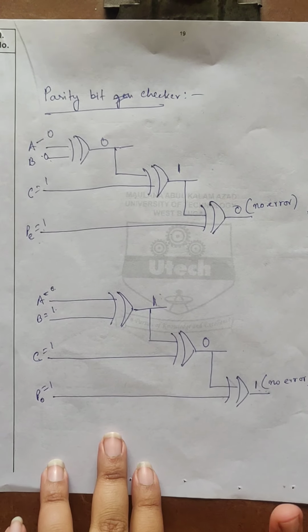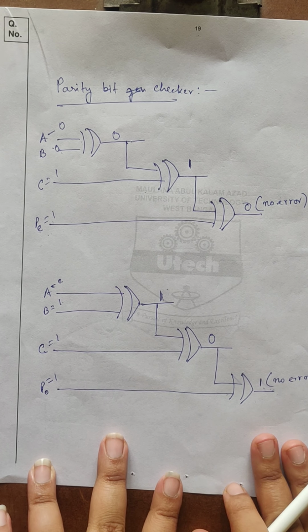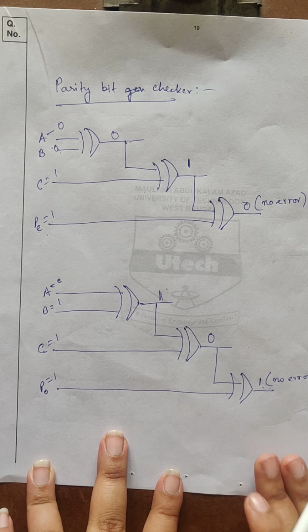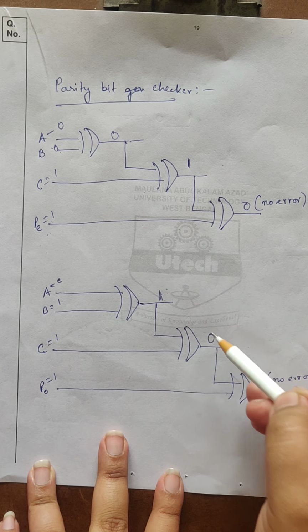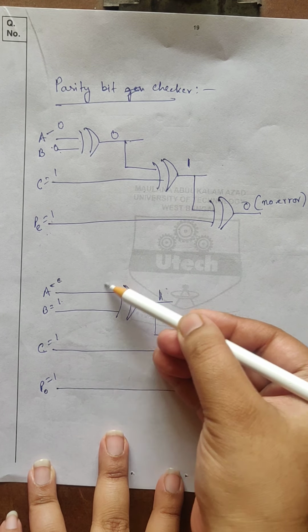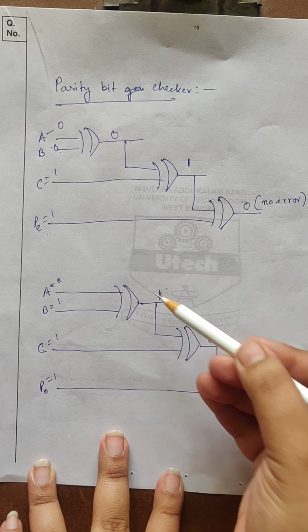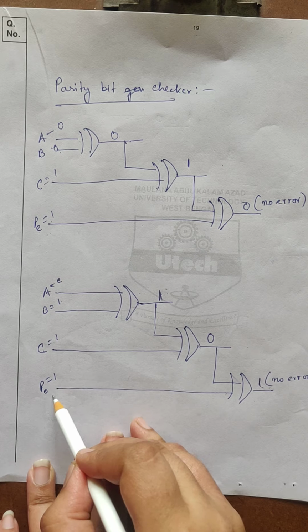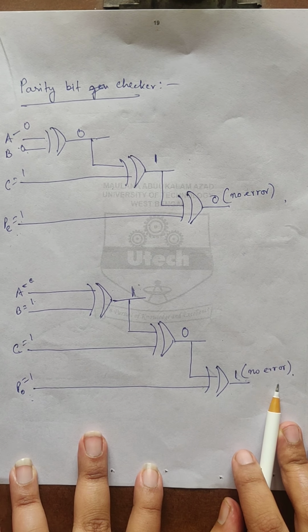And in case of odd parity, the same circuit diagram will be followed for the parity bit checker, but the difference is that when we do the modulo sum of all these bits using the XOR gate, if the answer comes equal to 1 for odd parity, then the number is considered as no error.